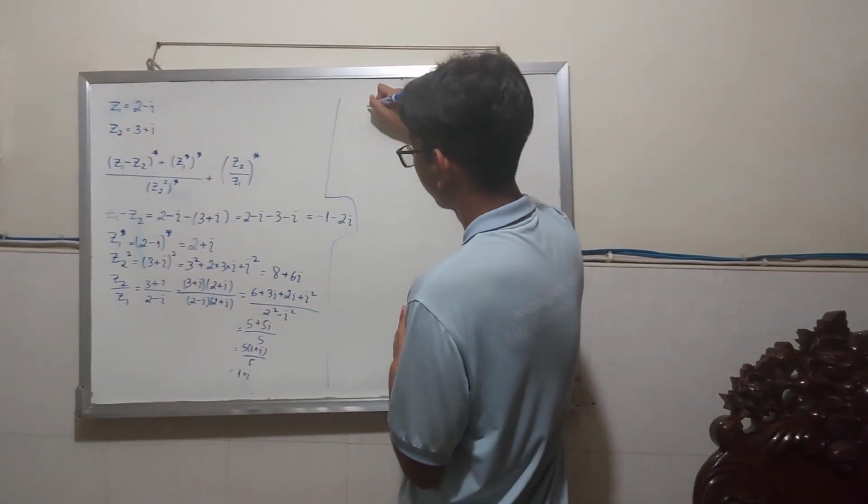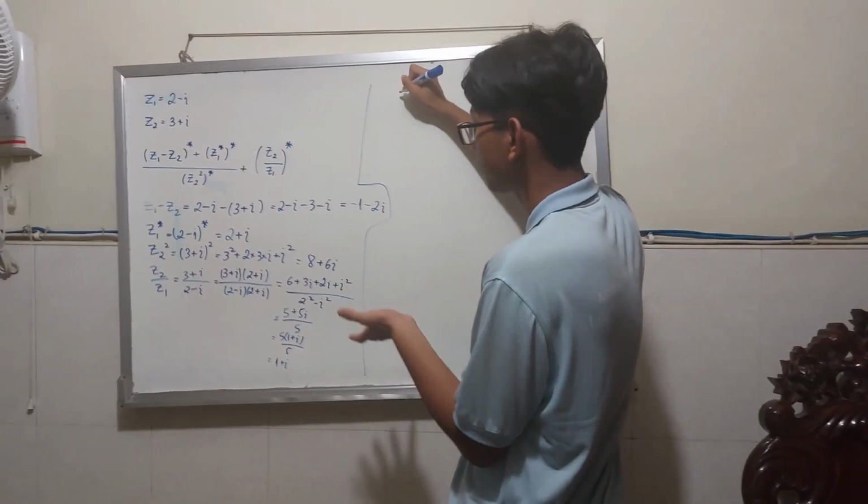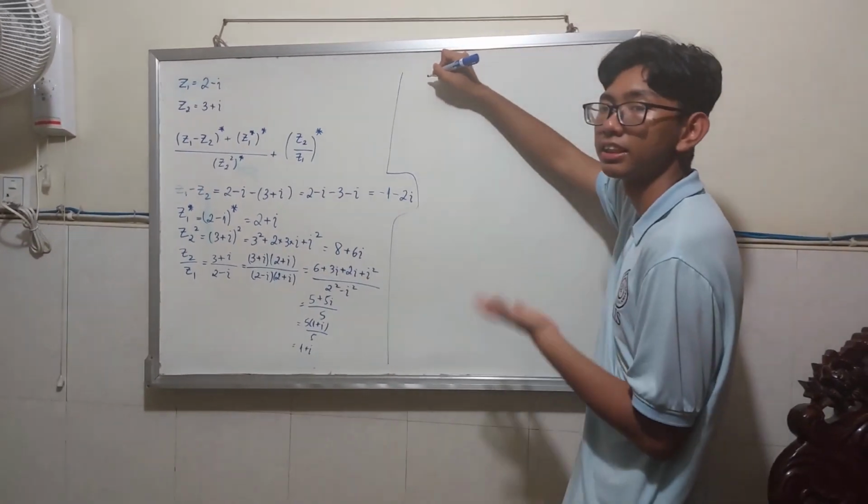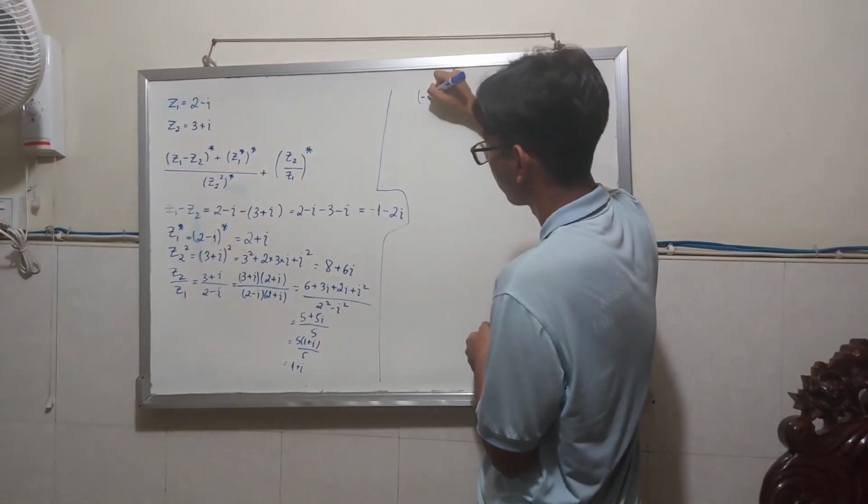So we already found what's needed inside the bracket, so all we need to do is just fill it in. So minus 1.